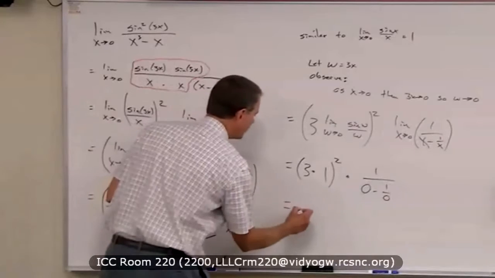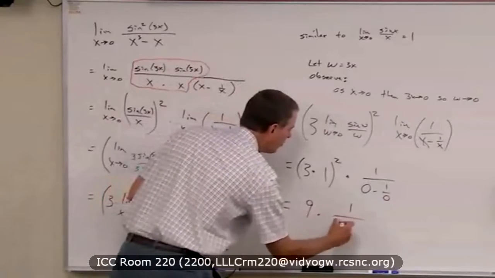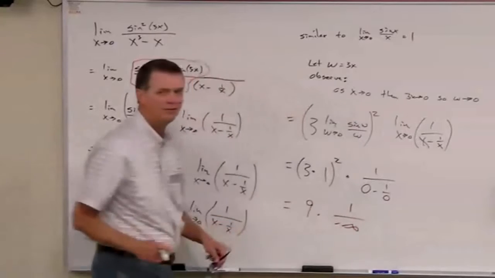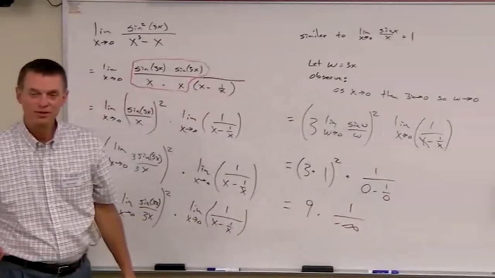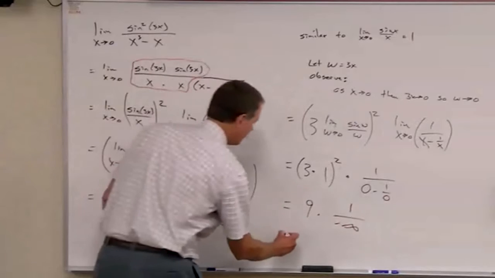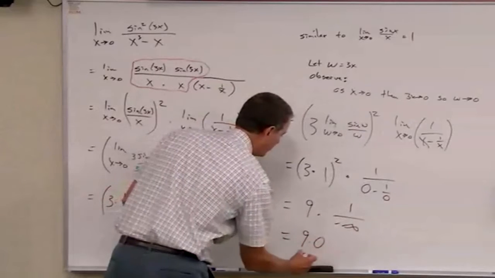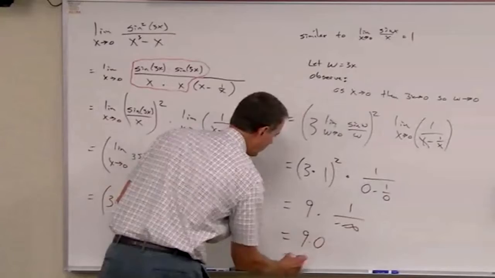And this is 9 times 1 over negative infinity, which is 0. 9 times 0, which is 0.